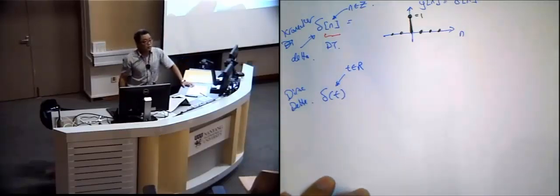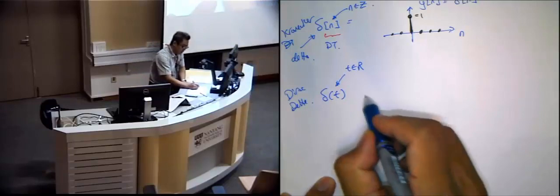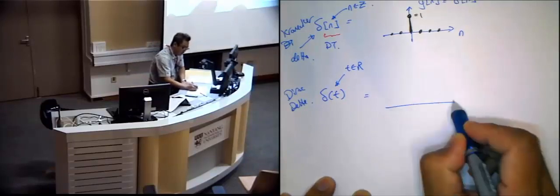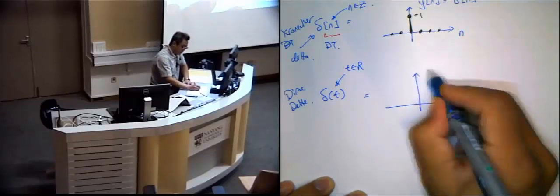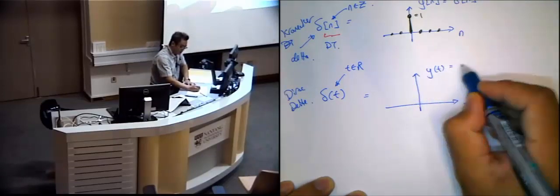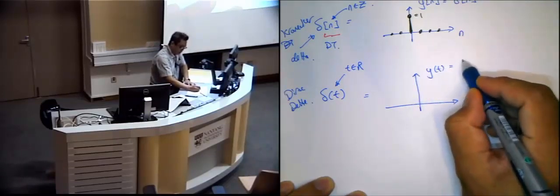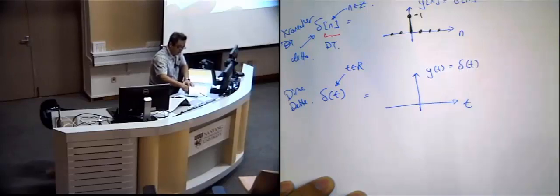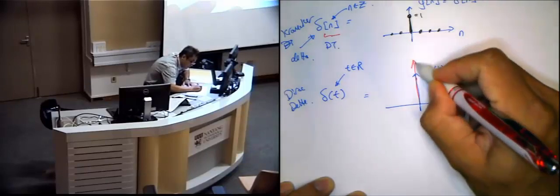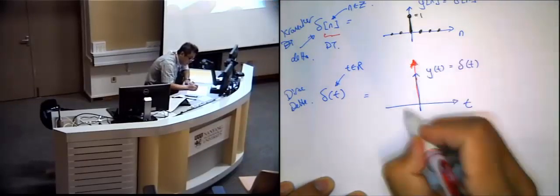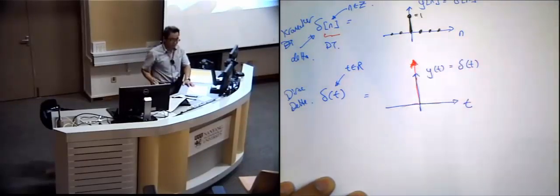One is in discrete time, one is in continuous time, and the definition is a little bit different. The x-axis is time, the y-axis is the function with respect to time, and what we are trying to get is a function that looks like this and has nothing else.